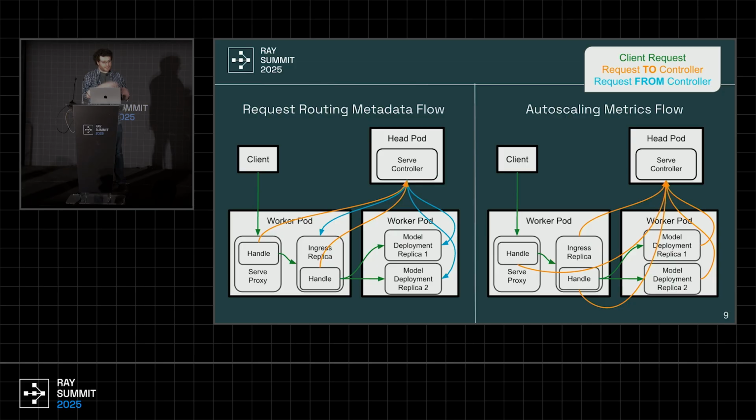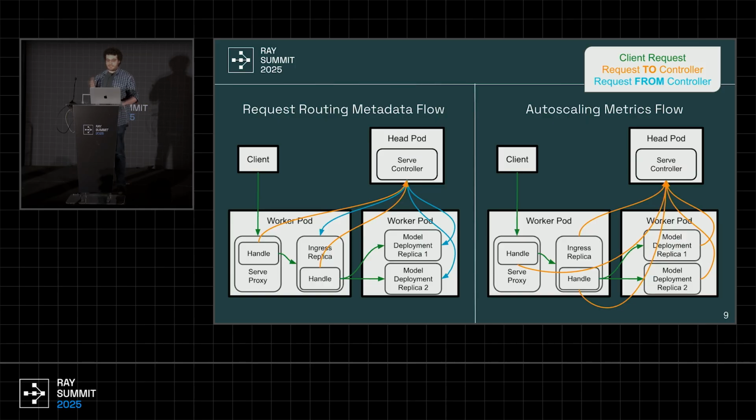And then when a request actually comes in, the handle knows where to send those requests to. So here you can see that these orange arrows on the left are requests from the handles to the serve controller asking where those replicas are. The blue arrows coming out of the controller are health checks. That's the controller checking that the replicas are still alive, because we don't want to route requests to dead replicas.